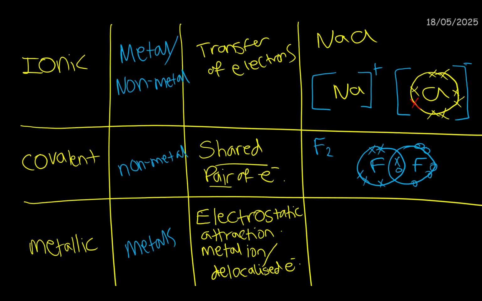Finally, let's have a look at metallic. Now, the way you do metallic is, you need to draw it something like this. So look, if we have our metals like this, so this is metallic bonding. So pay attention to how I've drawn it, yeah? All of the atoms need to be touching each other, and they must be regular, like a line.